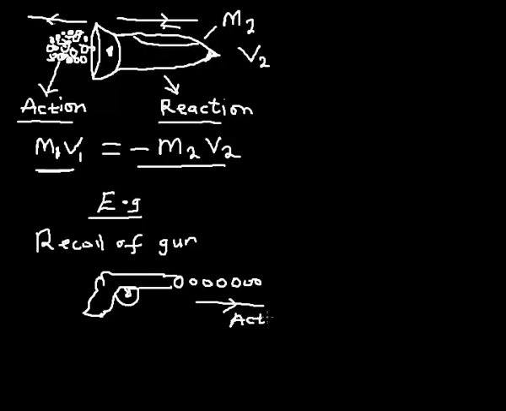Once that momentum is created, an opposite momentum is created on the gun that causes it to react. That reaction is what is known as the recoil of the gun.